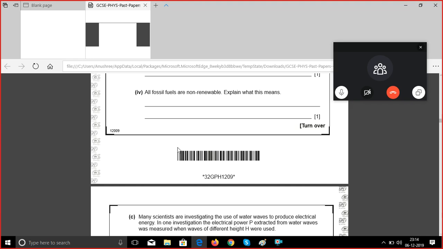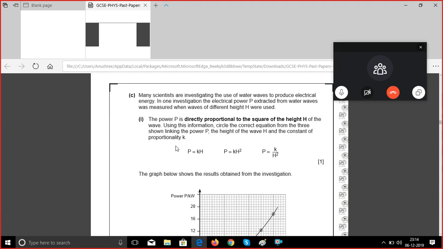Many scientists are investigating the use of water waves to produce electrical energy. In one investigation, the electrical power P extracted from water waves was measured when waves of different height h were used.